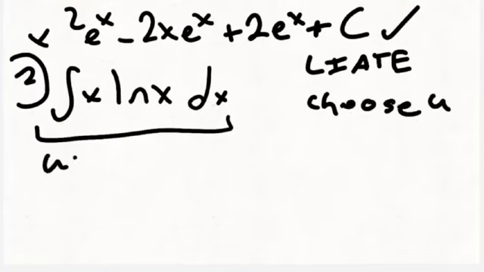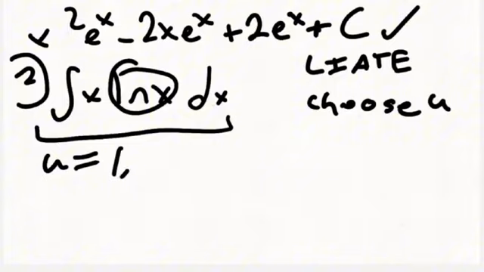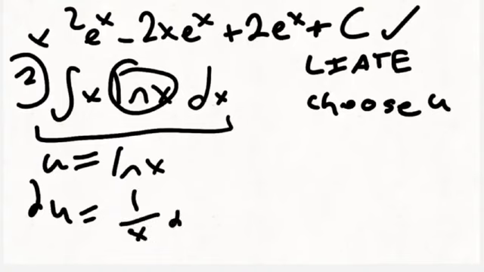So, what is our u value going to be equal to? Well, do we have any logs? Yes, we have a log right here, natural log of x. And so now we can put in natural log of x as our u. Then our du is just going to be the derivative of natural log of x, and that is going to be 1 over x dx.